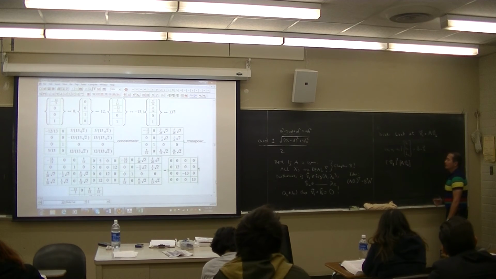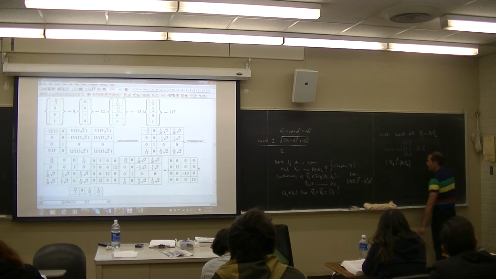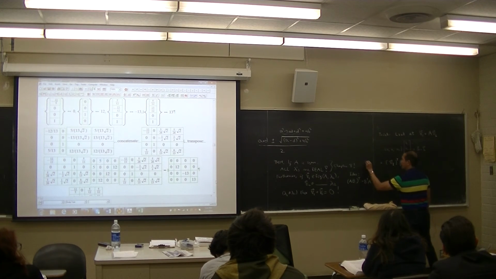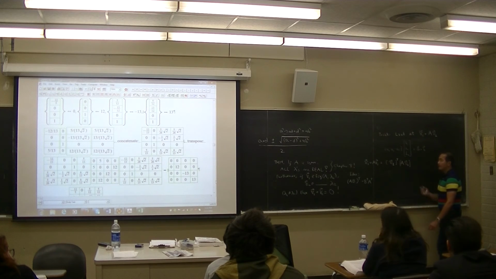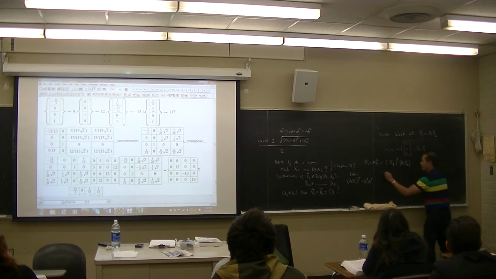So this is now a row vector, and this is a column vector. What are we going to do? This is the dot product of v1 with Av2. Make Av2 a column, and then make v1 a row by transposing. This is a number. So if you take the transpose, it stays a number. So what is v1 transpose Av2?